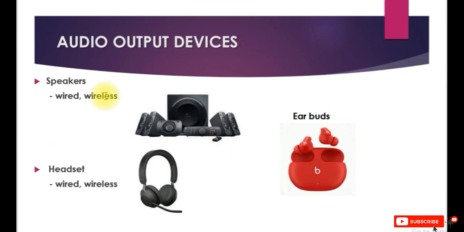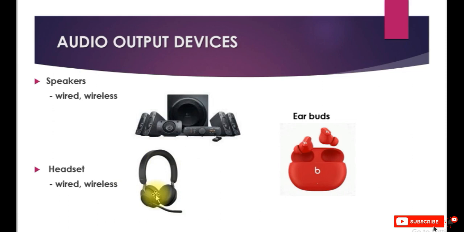Or the speaker or speakers may be wireless. Typically, if they're wireless, they would be Bluetooth driven. We also have headsets, and the same principle applies. The headsets may be wired or wireless. If they are wired, it means that they're corded, so there's an electric cord that connects the headset physically to the device that it is being used with.